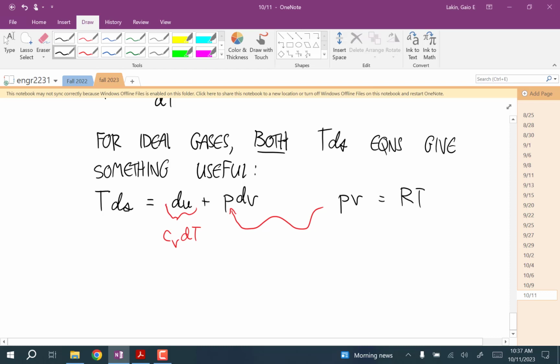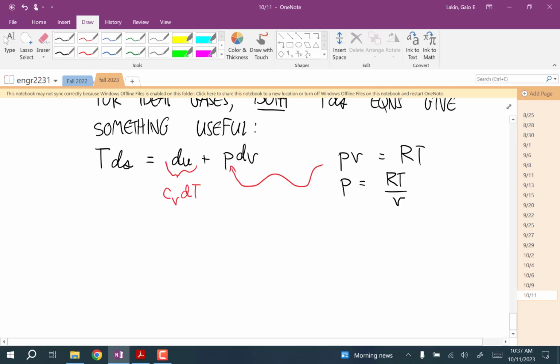And so we can write P as RT over specific volume. So this equation goes to TdS is equal to Cv d temperature plus RT over v dv.